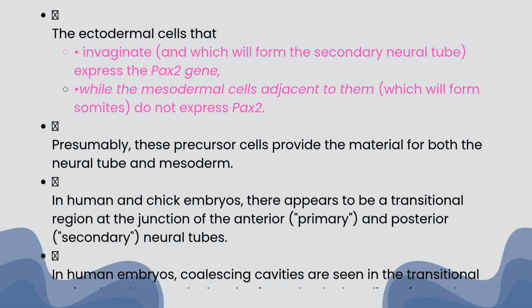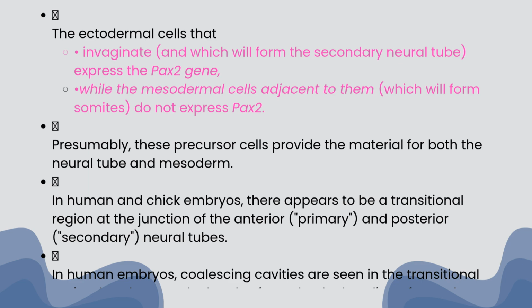In human and chick embryos, there appears to be a transition region at the junction of anterior and posterior, that is, between the primary and the secondary neural tube. In human embryos, cavities are seen in the transition region, but the neural tube also forms by the bending of the neural plate cells.